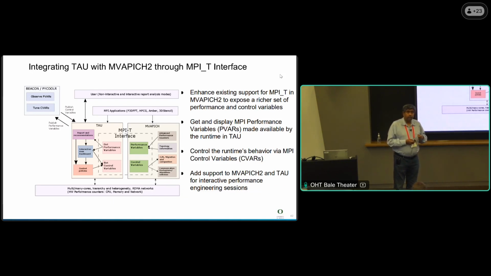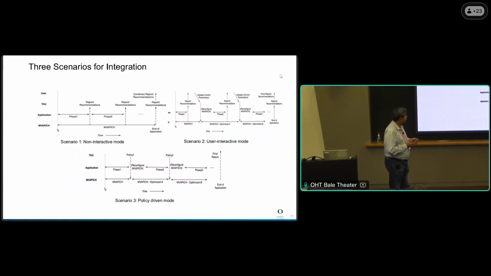You can see low-level performance variables that are inside the runtime, and this is exposed through the bridge MPI-T. TAU also has support for a plugin architecture, and you can use both the MPI-T in a non-interactive mode, a user interactive mode, and a policy-driven mode to change some key parameters for the MPI runtime.